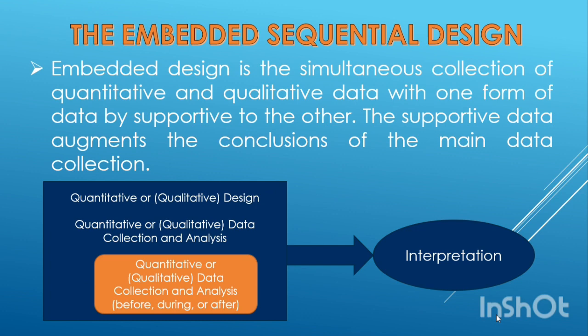This embedded sequential design is more commonly applicable to action research, kay simultaneous ang pag-conduct nimo sa quanti and quali. So just like the example we had earlier, first nag-observe si teacher, that is under qualitative, and pag human nag-observe, nagpa-answer din siya, maabot na din siya sa quantitative.